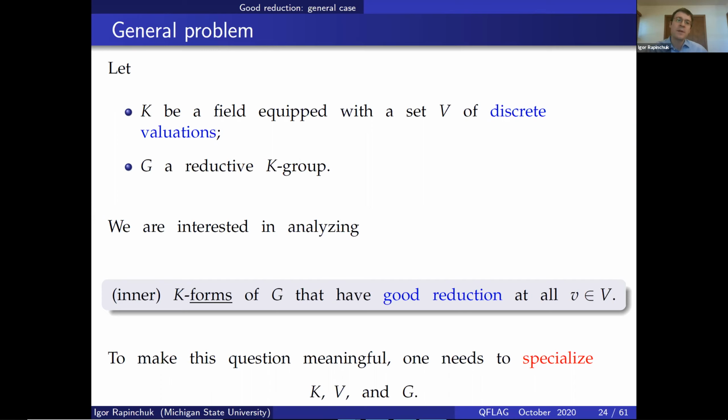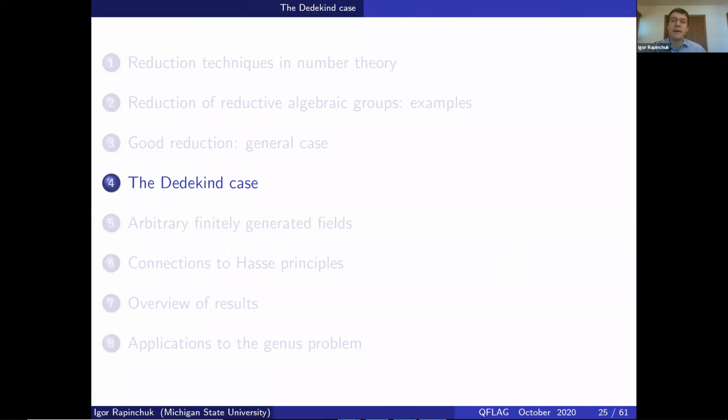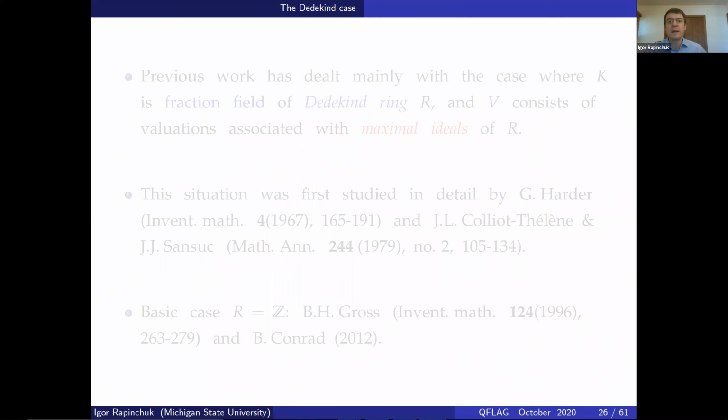So in the next two subsections, I'd like to describe two choices for the field K and the set V. The first will be what I will refer to as the Dedekind case, where our field is the fraction field of a Dedekind ring. And the second will deal with arbitrary finitely generated fields. Okay, so first let me address the Dedekind case.